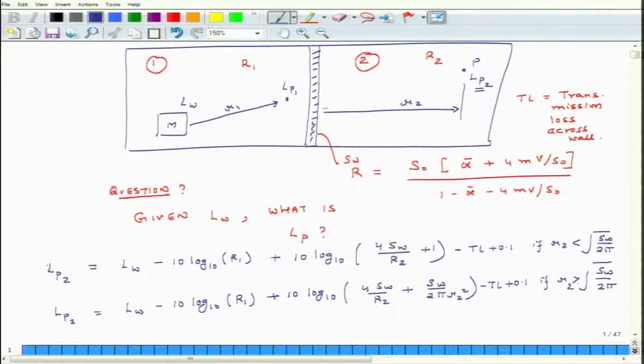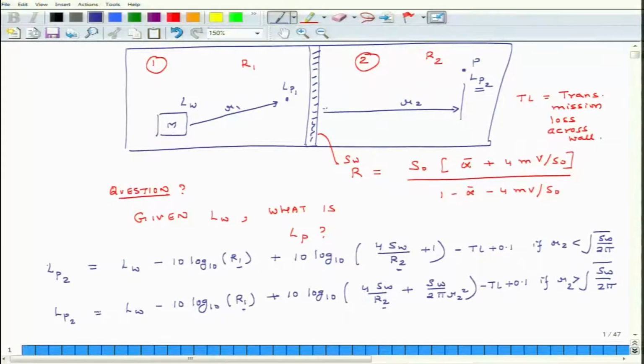Okay. So, let us look at these relations and try to get a physical understanding of them. R1 and R2 are room constants, and look at the room constant. The room constant will increase if alpha bar goes up, or if S naught goes up.